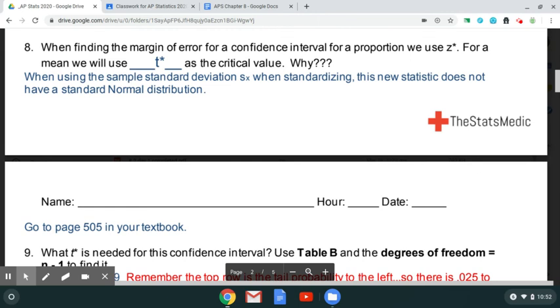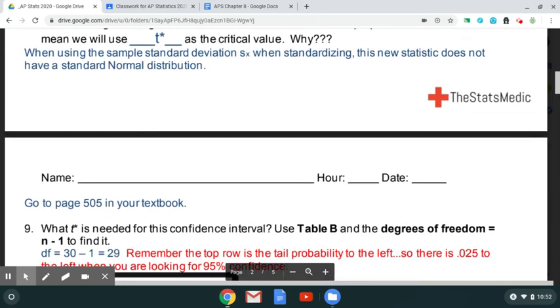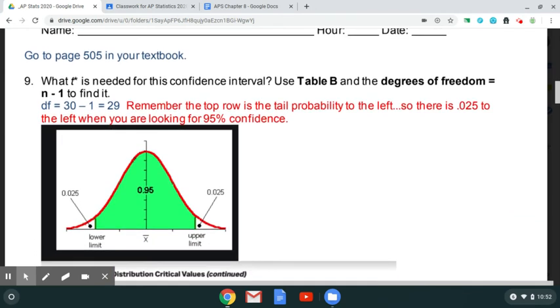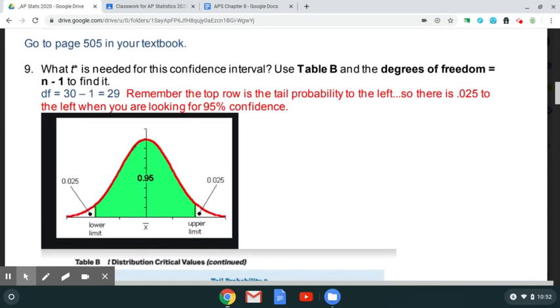But anyway, for proportions, we will be using z-star for our critical value. When we are writing a confidence interval for means, we will be using t-star. So if you go back to that yellow box on page 505, we have to know the degrees of freedom in order for us to calculate t-star.